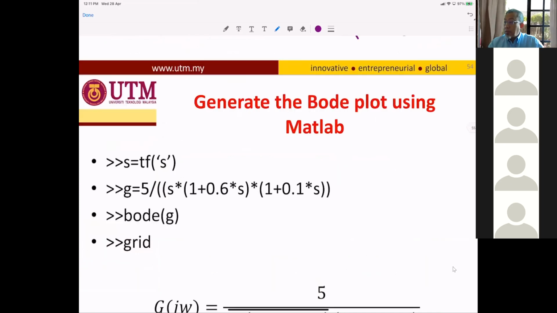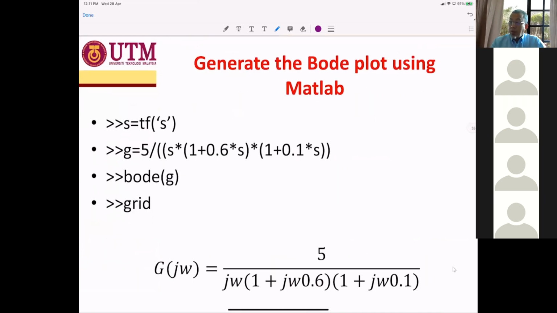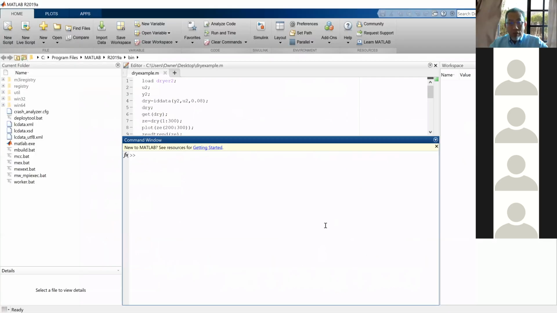As we are using Matlab, we can generate this. I will share my screen. Can you see the Matlab on your screen? Yes, Doctor. Okay, so s is equal to transfer function s.